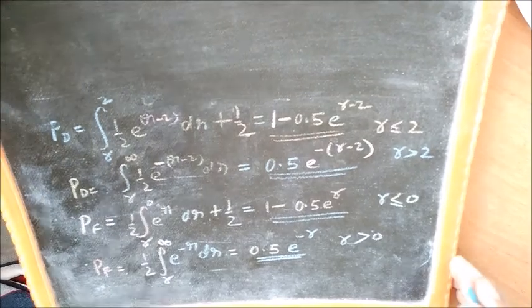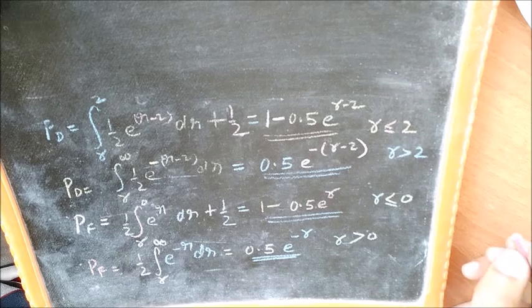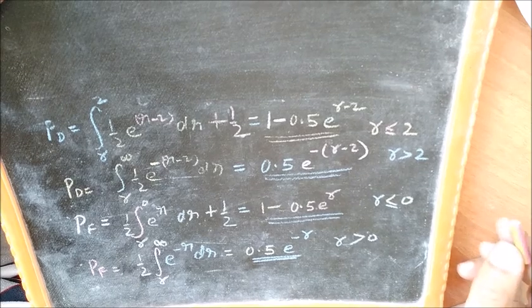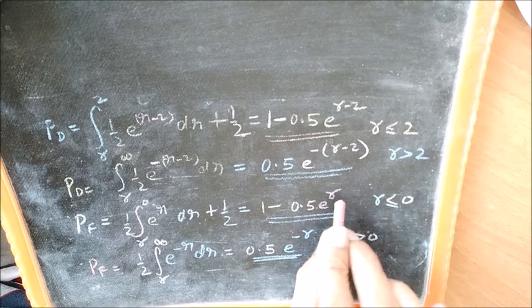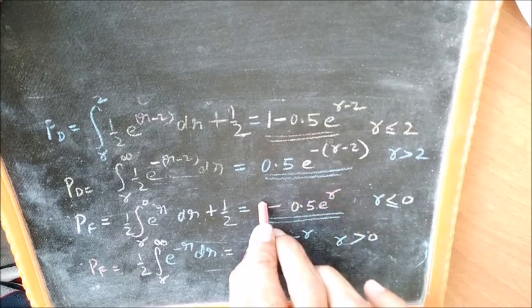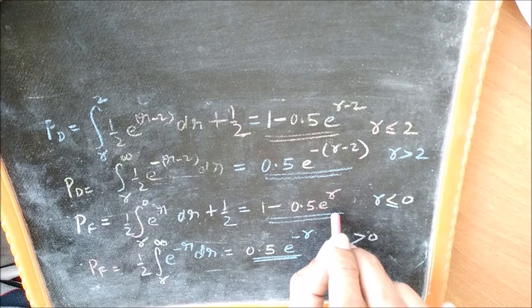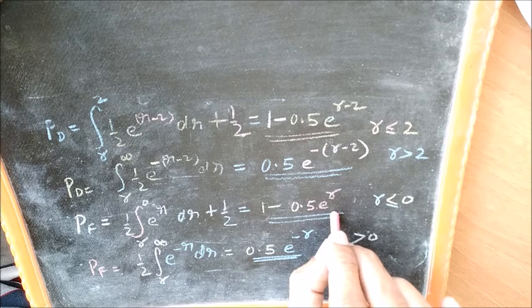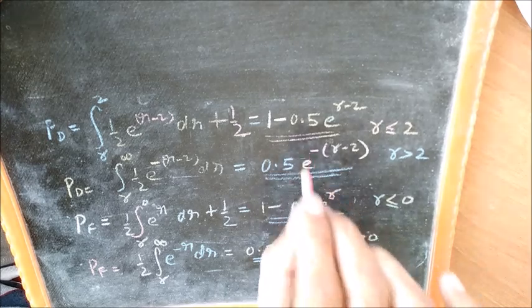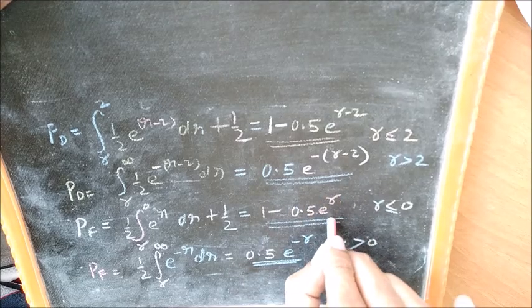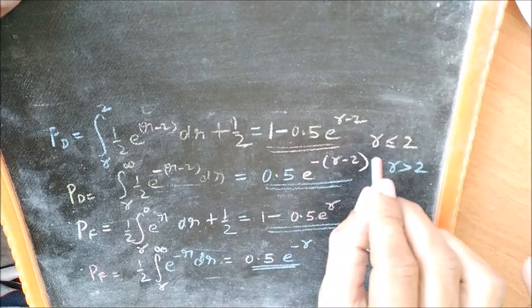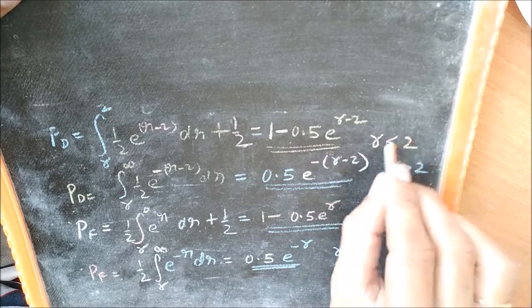Let me make myself clear here. When gamma is less than or equal to 0, there is a particular expression for PF. And this expression for PF will be applicable when we try to express PD as a function of PF, in the case where we are considering PD for gamma less than or equal to 2.